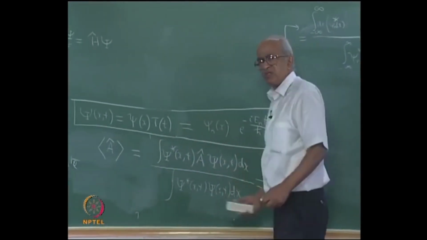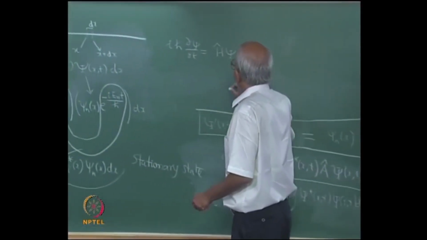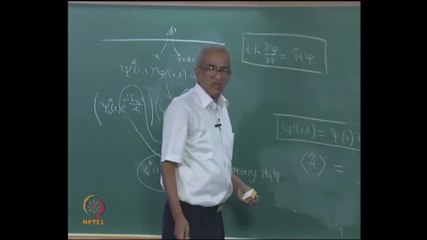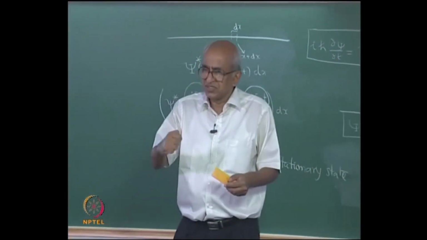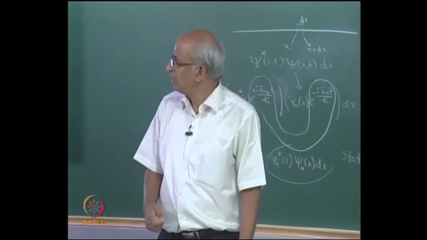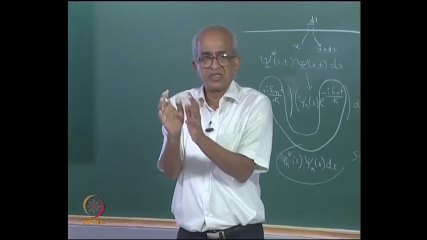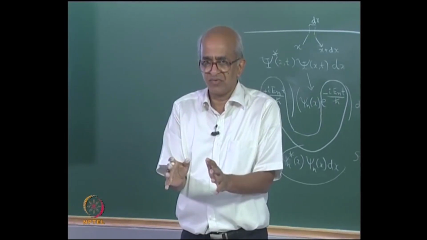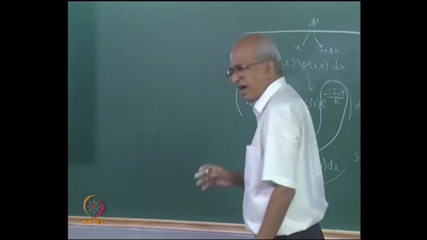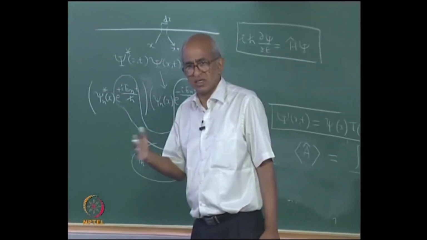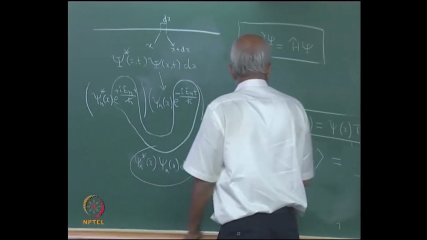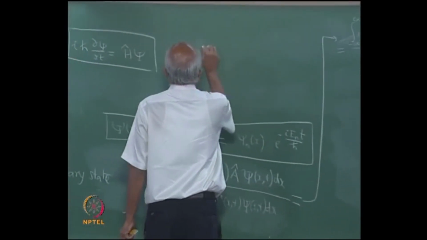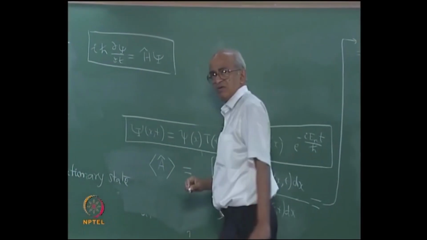But then, is that the most general solution of this equation? See, after all, what is it that we wanted? We wanted to solve this equation, but what we have found is actually certain special solutions, right, for which the time dependence and the position dependence can be separated out, right. So, those are the solutions that we have found, but can I have more complex solutions? The answer is yes. For example, okay, let me say that I have one stationary state which I shall denote as psi 0.